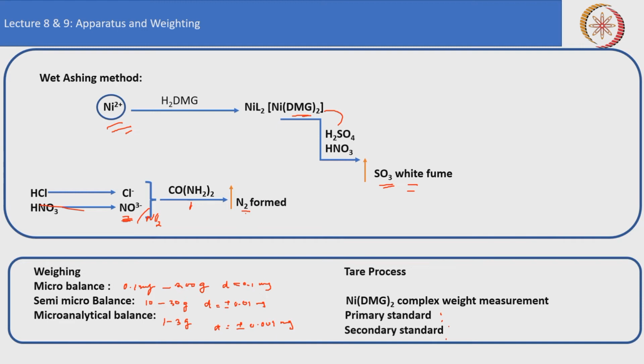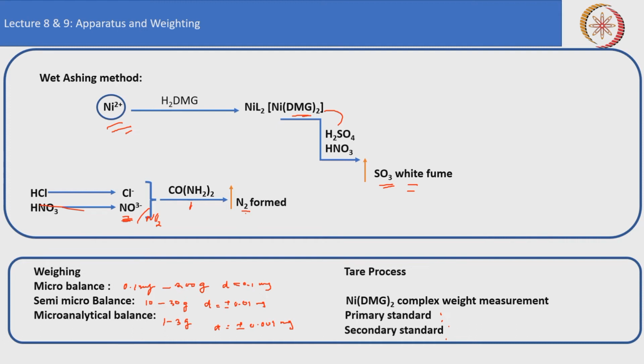Then after that we have learned about primary standard and secondary standard. I think all people know what is the primary standard and what is the secondary standard. Basically, suppose you are making some solution, and if its concentration does not change with time, or with some light effect, or some oxygen or air effect, then that is called a primary standard.